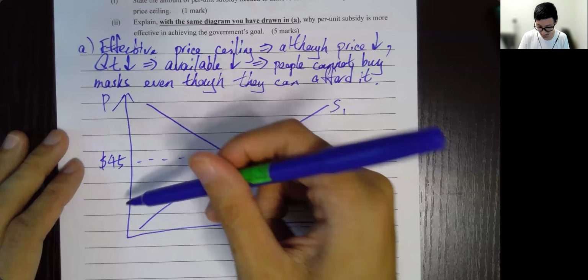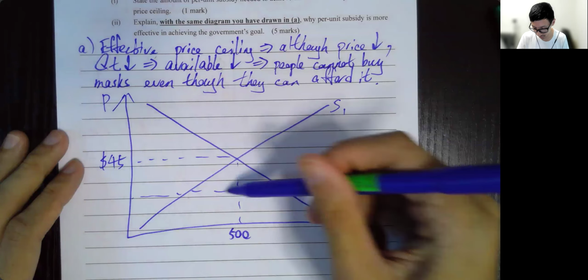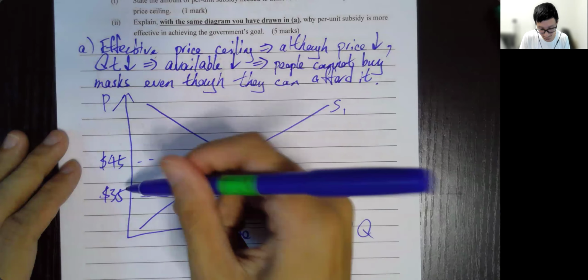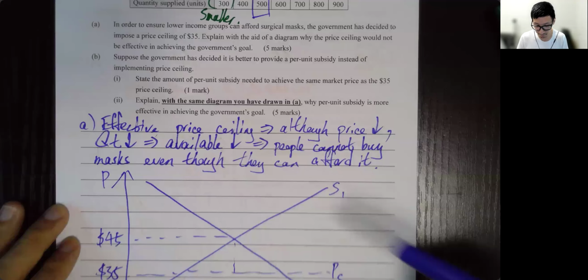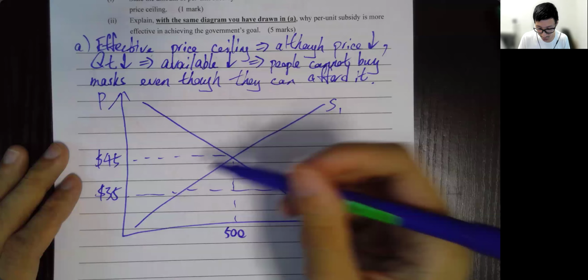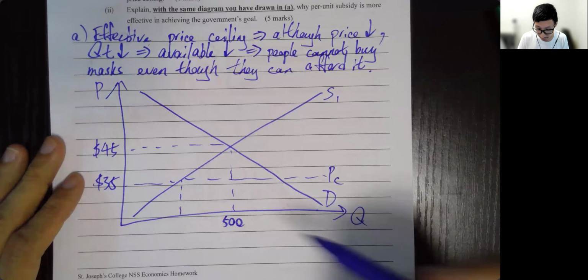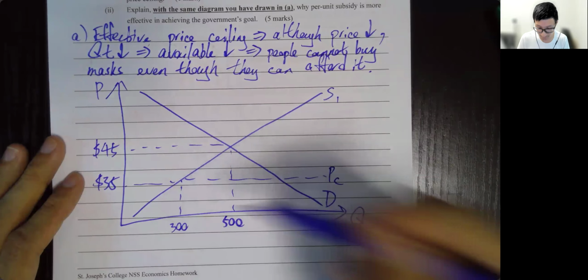Now, because of the price ceiling, which is here, let's call it PC, we are at $35. Yes, $35. Now, unfortunately, you see it will drop all the way to only 300.